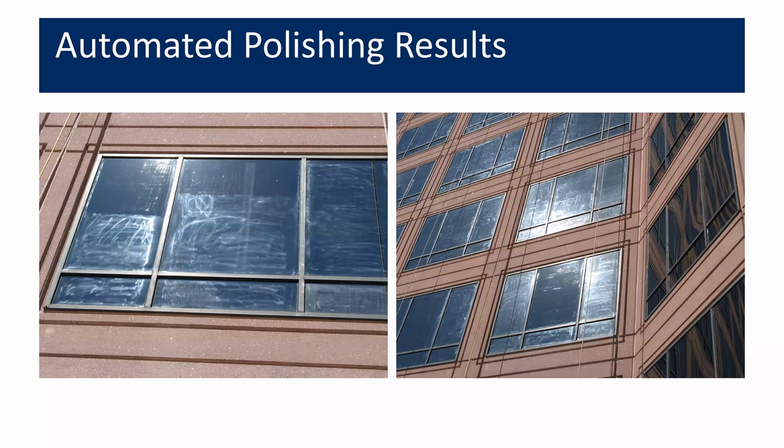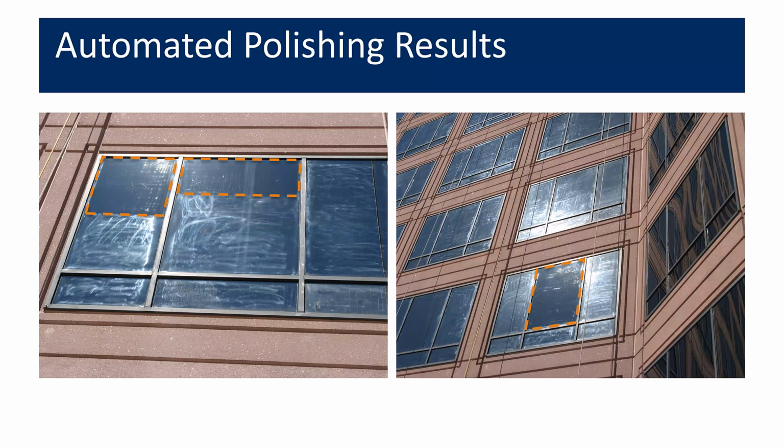So let's take a look at what kind of results you can expect. This particular project that I showed earlier with the artistic scratches that were induced by a proprietary polishing compound or glass cleaning compound.